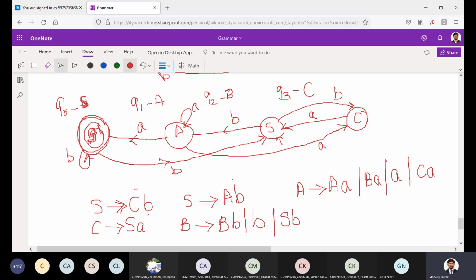These are for the non-final states, and if we consider B as a final state here, there are 2 additional, A and B. Total 10 production rules. This way you can cross verify. It is a simple way to cross check whether it is satisfying the condition or not.